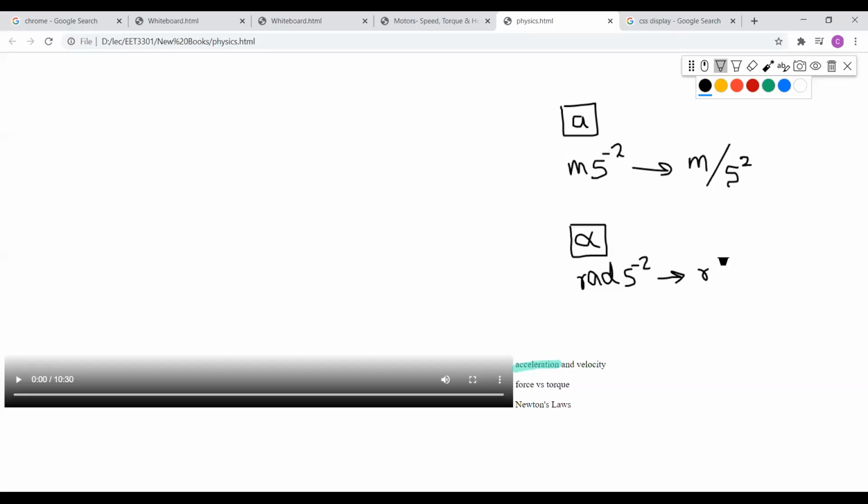Or else the same you can write as radians divided by s squared.